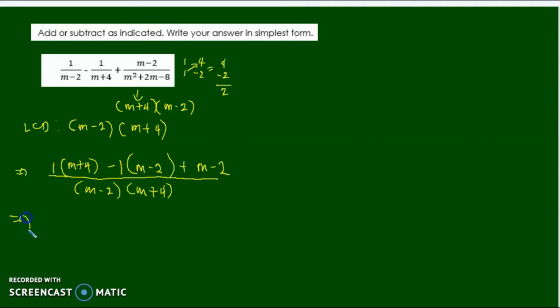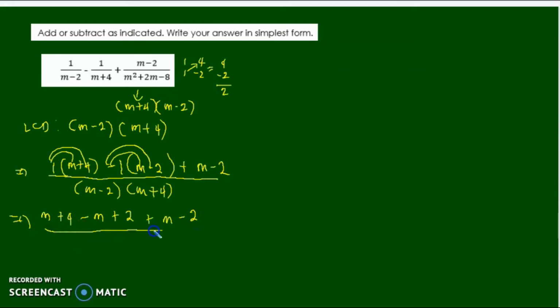Then, after that, simplify. So, 1 times m is m. 1 times 4 is 4. Negative 1 times m is negative m. Negative 1 times negative 2 is positive 2. Then, plus m minus 2.